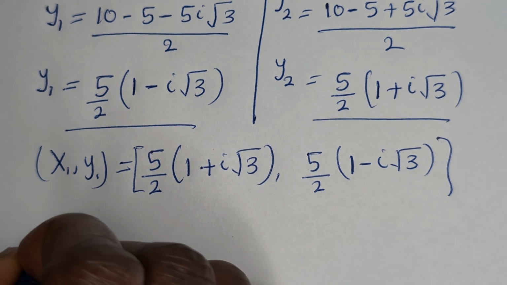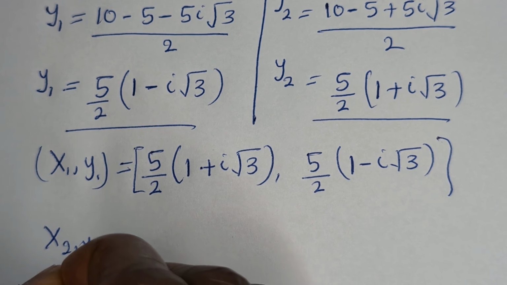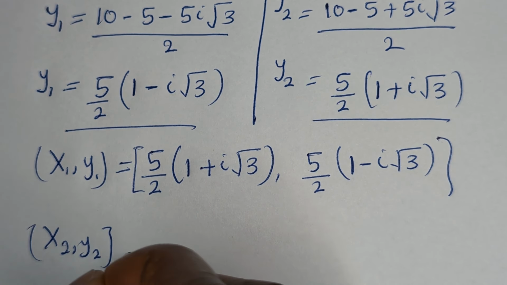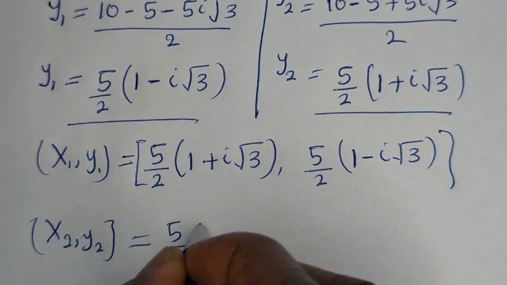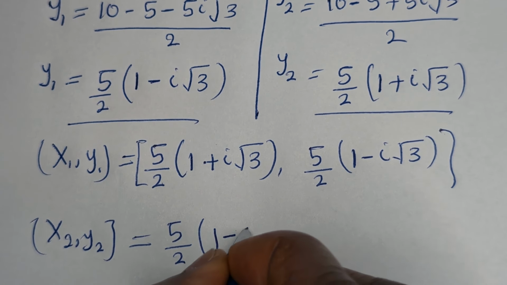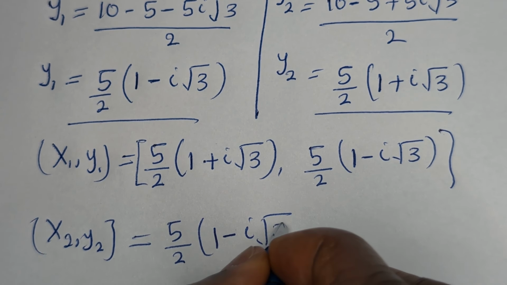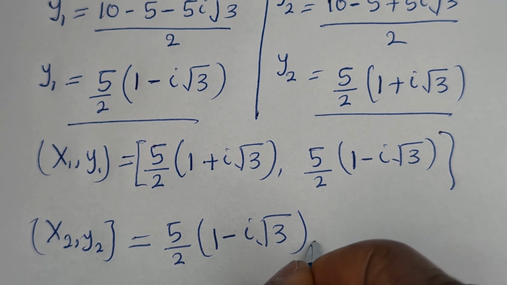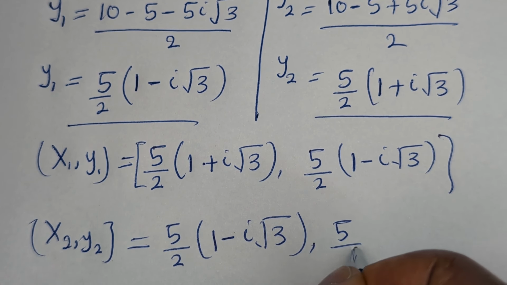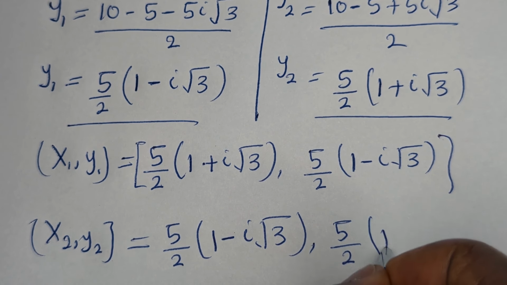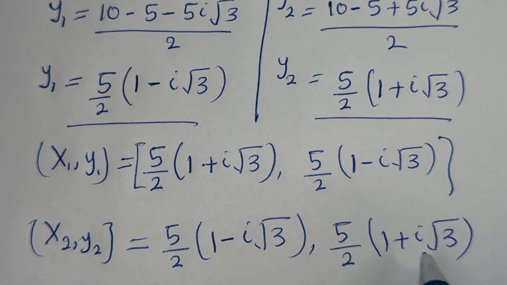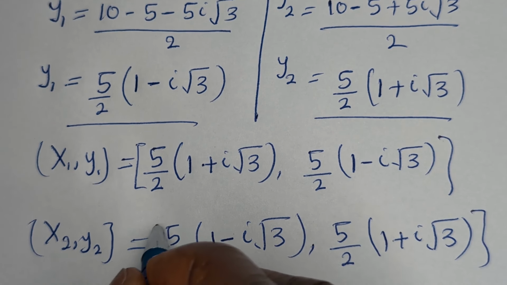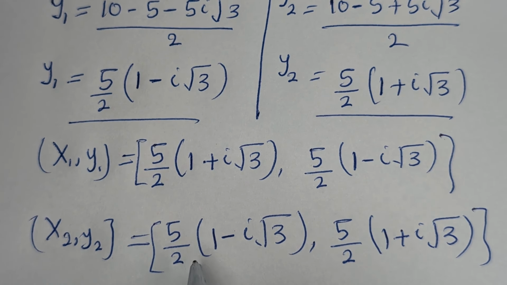Then x2, y2 is equal to 5 over 2 bracket 1 minus i root 3, comma 5 over 2 bracket 1 plus i root 3. These are the values of x and y.